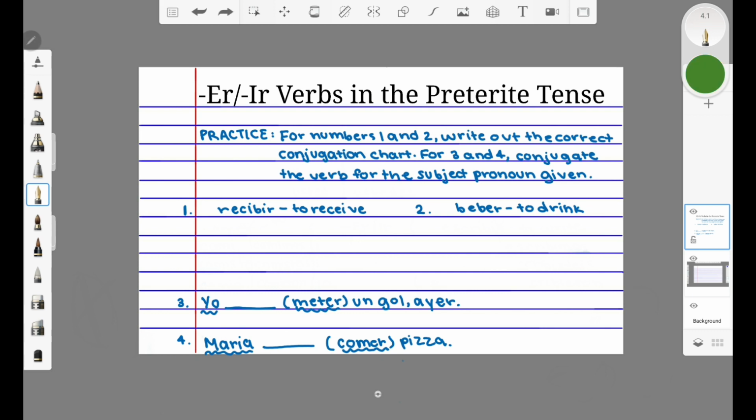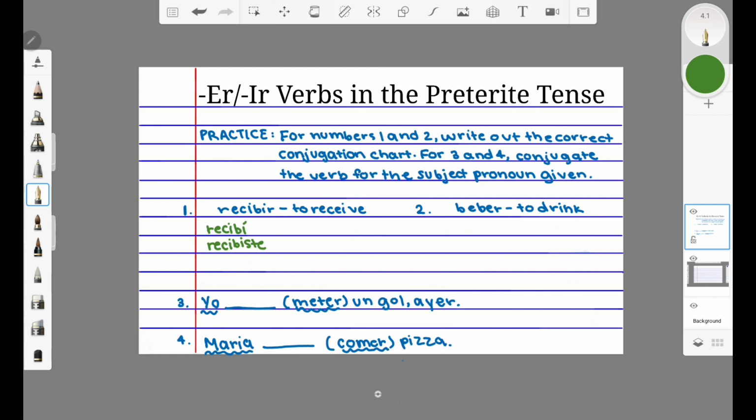Alright, number 1. Recibir. We are going to conjugate all of the subject pronouns basically, so we're writing a conjugation chart. Yo recibí, with the accent. Tú recibiste.